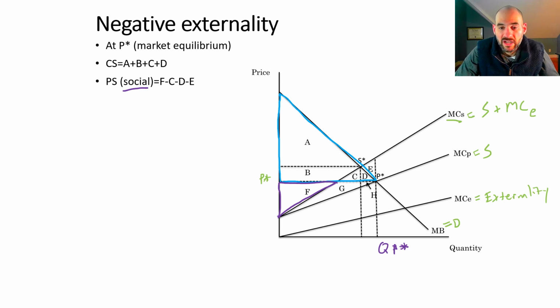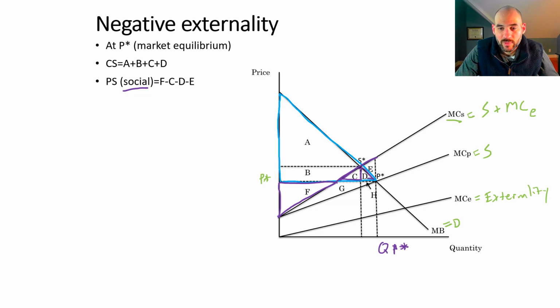So when we go beyond that triangle F, we want to think about the difference between the marginal social cost curve and the price. And so we can see that triangle C is between the price and the marginal social cost curve.